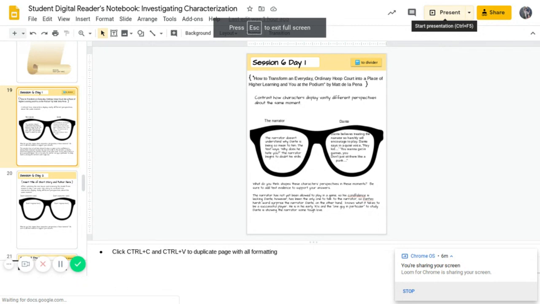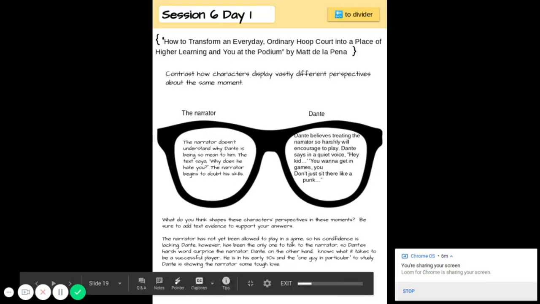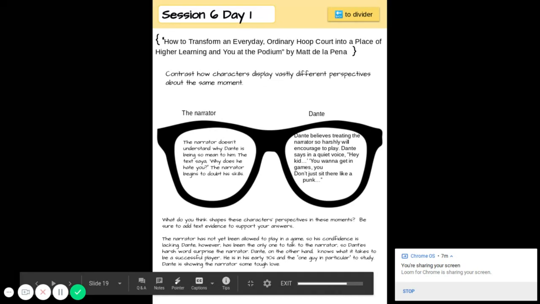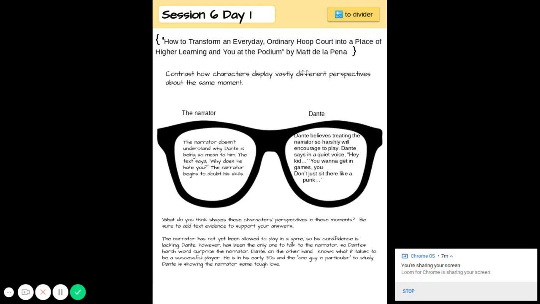So we're going to take a look at how to transform an everyday, ordinary hoop court, and we're going to contrast how the characters display vastly different perspectives at the same moment. So the two characters I've chosen right here are the narrator and Dante.